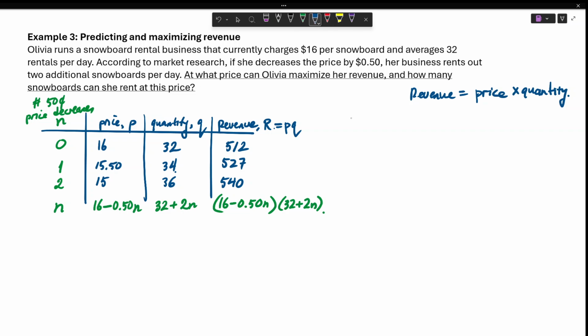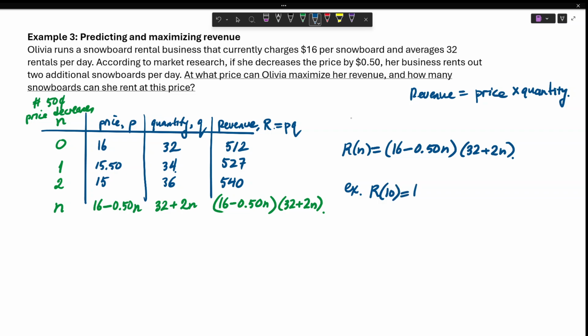So that means we actually have a model for revenue now. If you tell me the number of price decreases n, I can predict how much revenue you can get. So for example, let's actually call this R of n in function notation. If I decide to decrease the price by $5, that would be 10 50-cent price decreases.